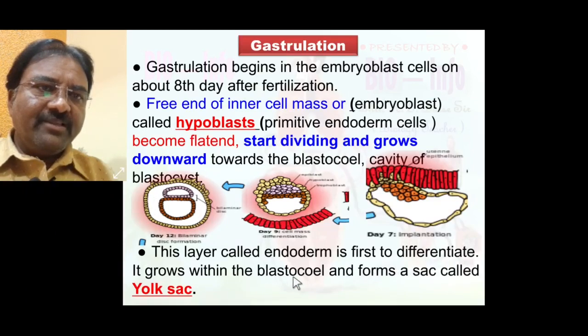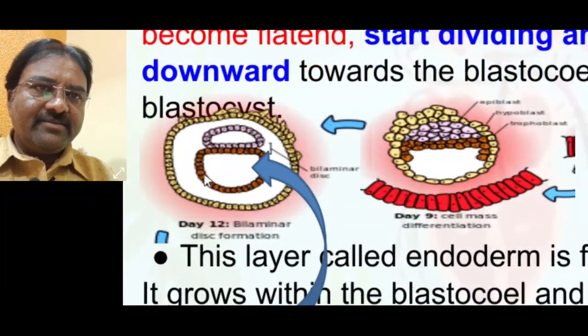It grows within the blastocele and forms a sac called the yolk sac. So inside the endoderm is a cavity or sac called the yolk sac. Labeled them, this is the yolk sac. This yolk sac is present in the endoderm cells, so this is the cavity of the endoderm.